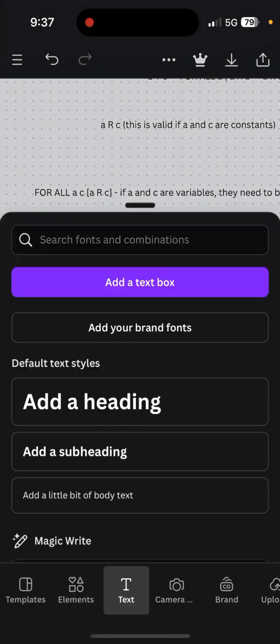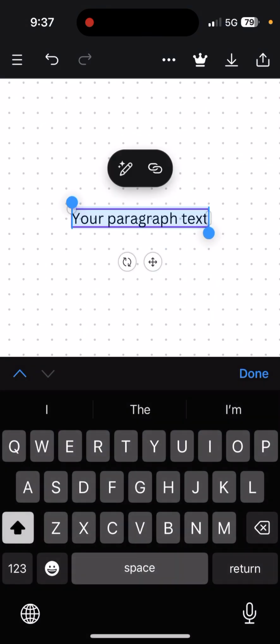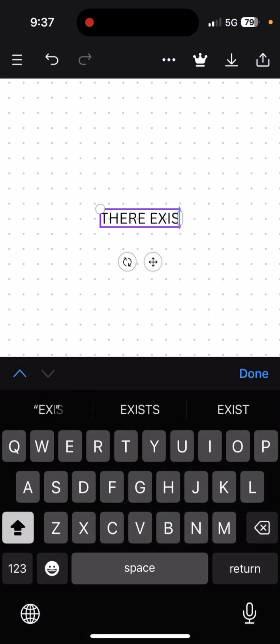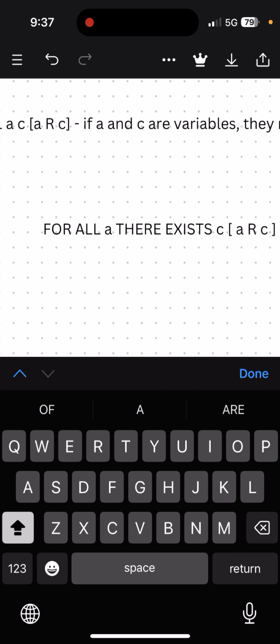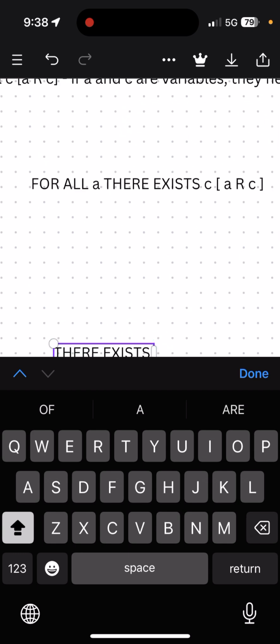And then you can have there exists, and if you flip that around, wait a second. There exists an A such that for all C, there exists an A. Okay, yeah, that's also interesting.